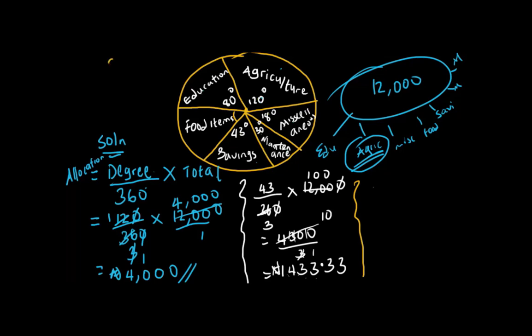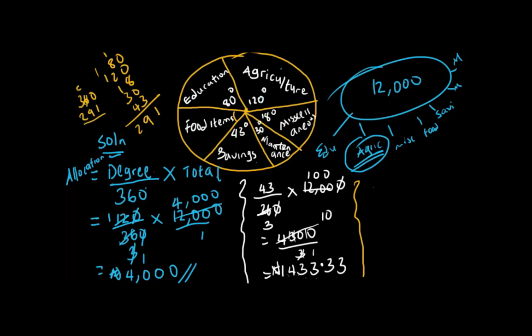So we have 80 plus 120 plus 18 plus 30 plus 43. Now 8 plus 3 is 11, 1 carry 1. 1 plus 8 is 9, 9 plus 2 is 11, plus 1 is 12. 12 plus 3 is 15, 15 plus 4 is 19. So we have 9 carry 1. 1 plus 1 is 2. So we have 291.